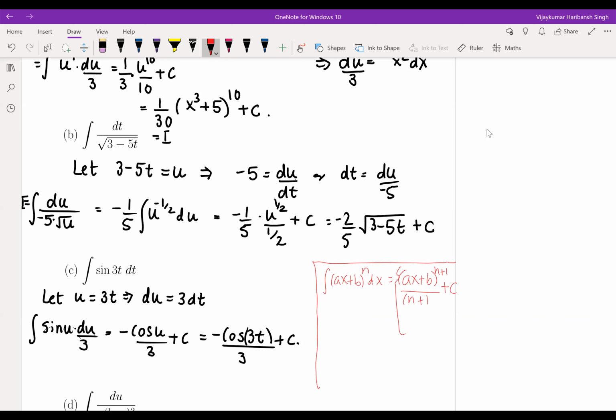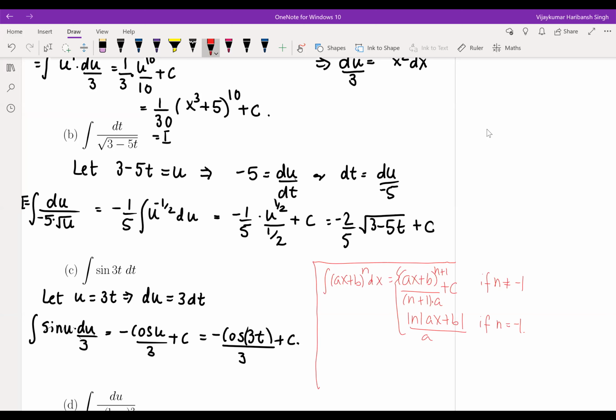The extra part is you have to divide by the coefficient a. Note that this is only valid for a linear function to the power n, if n is not minus 1. If n is minus 1, you will get ln of the absolute value of ax plus b, divided by a.